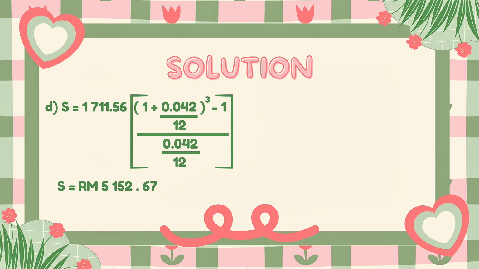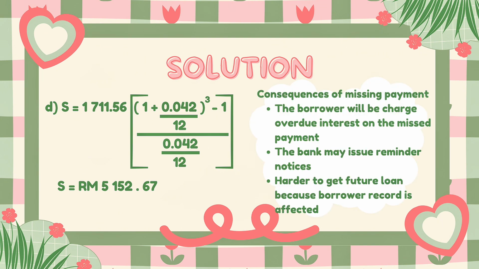So S will be equal to 1,711 ringgit 56 cents in bracket 1 plus 0.042 per 12 to the power of 3 minus 1, divided by 0.042 per 12. So S will be 5,152 ringgit 67. The consequences of missing payments are that the borrower will be charged overdue interest on the missed payment, the bank may issue a reminder notice, and lastly it may be harder to get future loans because the borrower's record is affected.